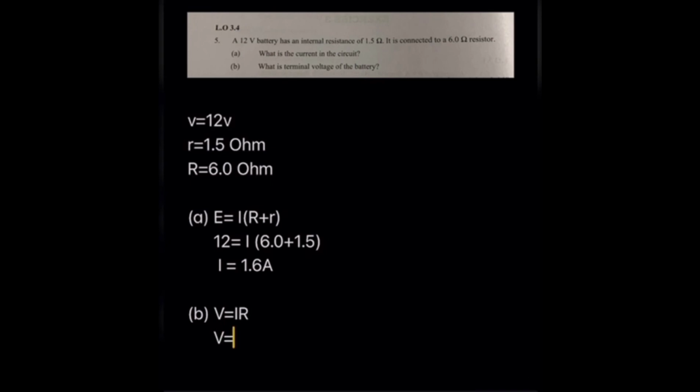The current we have already found in question A is 1.6, and the resistor is 6.0. So the voltage is 9.6 volt.